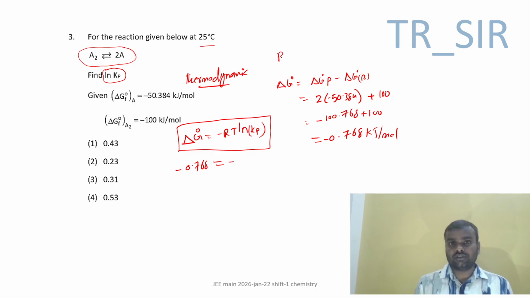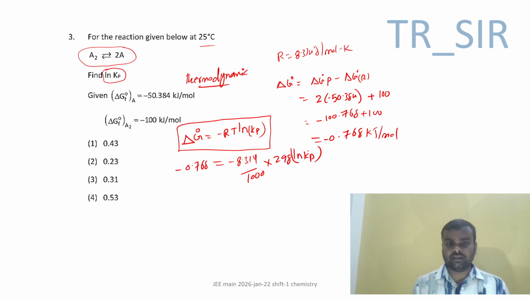R is equal to 8.314 joule per mole per Kelvin. 8.314 by 1000 gives kilojoules. Temperature is 298 and you'll get the ln Kp value.